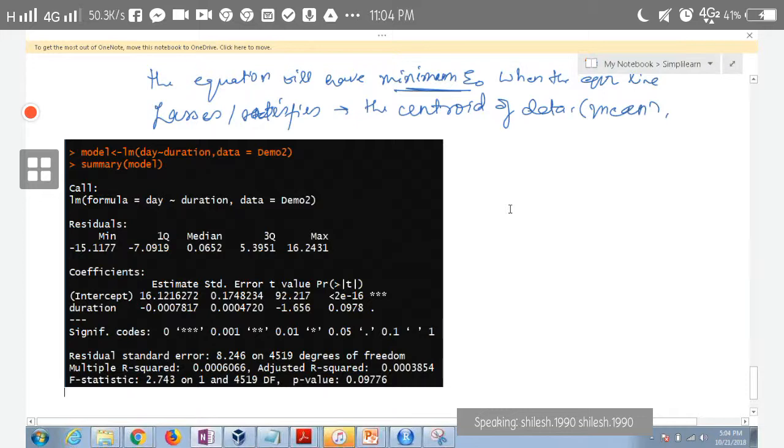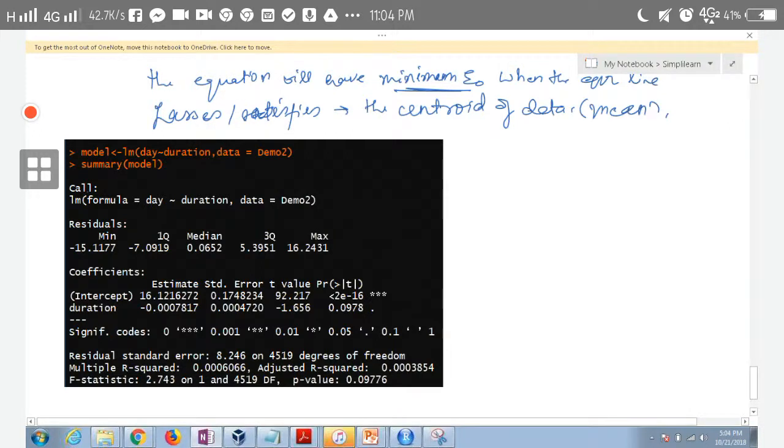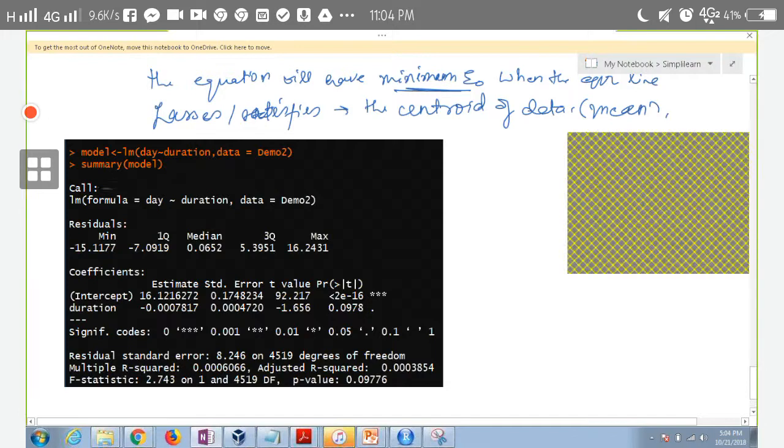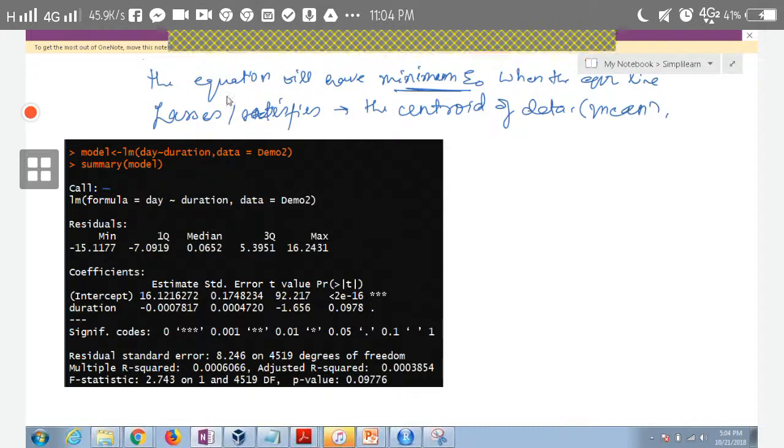Now it is easy to explain, right? Everything will be here itself. Can you see this? Is it visible? Let me change the screen color.